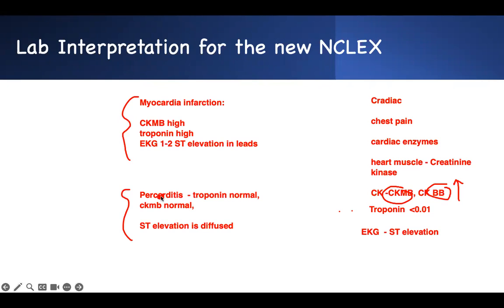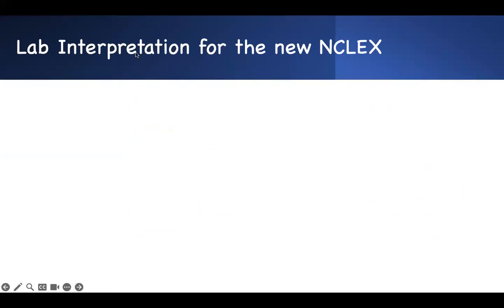I'm going to put pericarditis and I'll say diffused ST elevation. These ones are single, 1 to 2 leads. So you can distinguish between them based on your lab work and say, oh, I don't think this patient has an MI. There's no troponin, there's no CKMB, and the ST elevation is in diffuse segments. And you can use that to rule out. Okay, so that's what I want you to pay attention to.